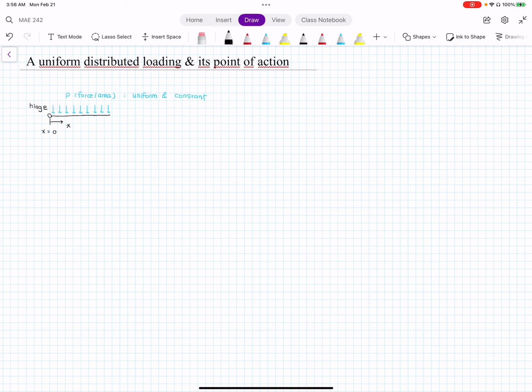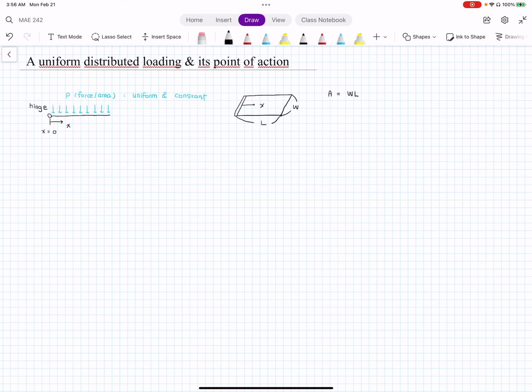And if you look from a perspective view, this is the plate having a length of L and width of W, and here is the hinge, and the x-axis is measured from the hinge. Therefore, the area of the entire plate is W times L.